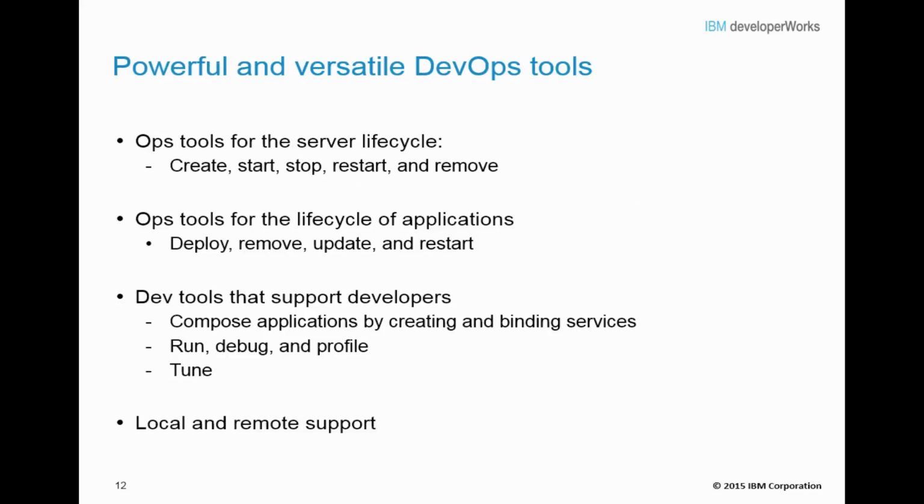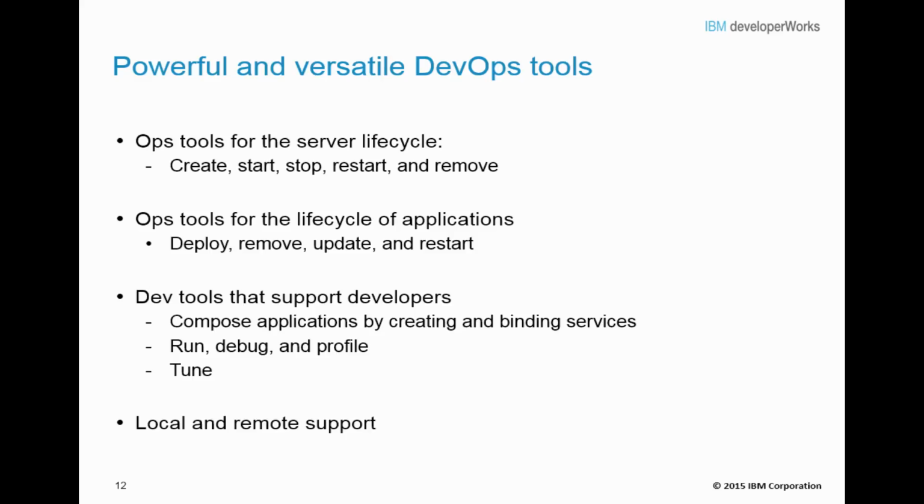The IBM Bluemix Eclipse plugin provides us several capabilities. It gives us ops tooling to maintain the server lifecycle. You can create the Bluemix server and connect to it. You can start the server, stop the server, restart, as well as remove the Bluemix server.